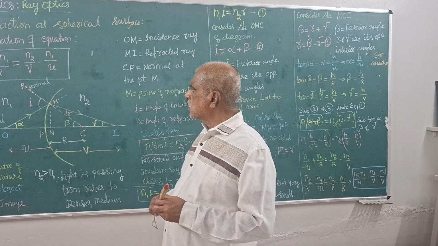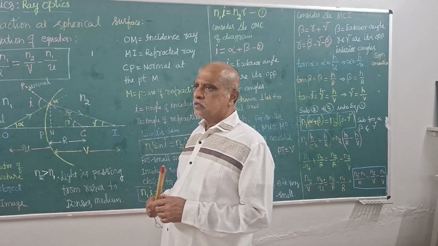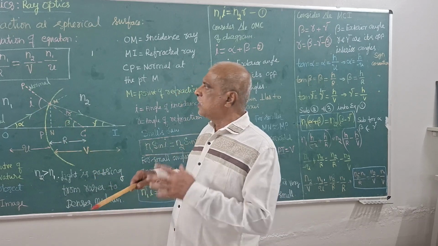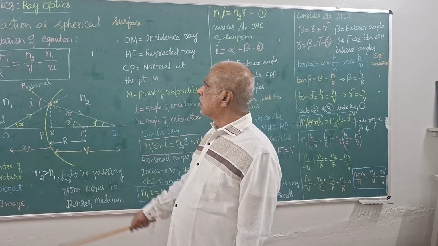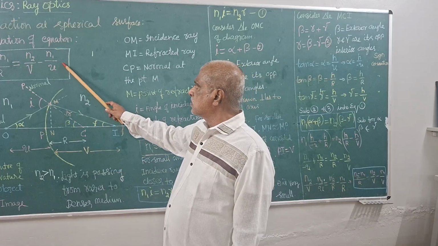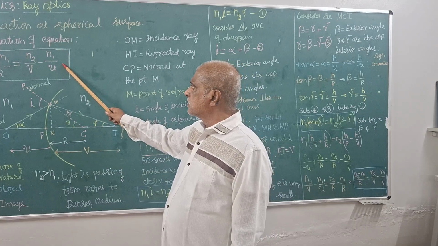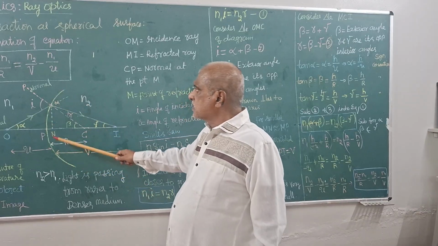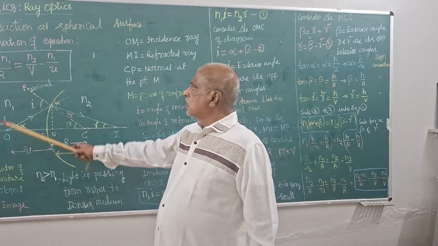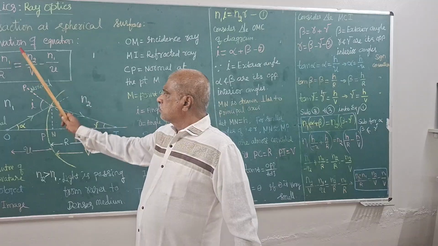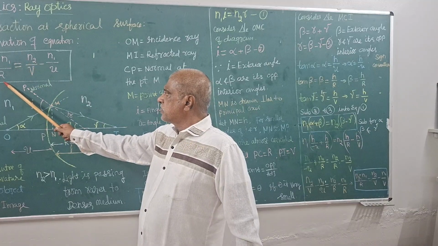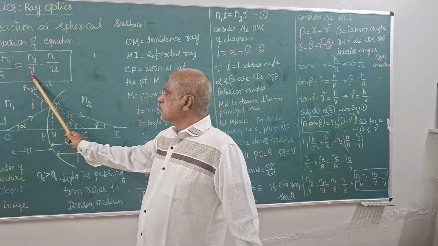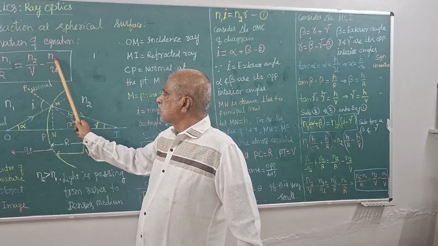Any change in one of the values changes the values of the others in accordance with this equation. Look at this equation. The equation holds good for refraction at a spherical surface. N2, N1, radius of curvature, image distance, object distance. These are the values.